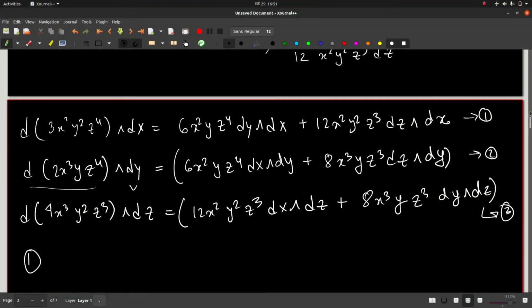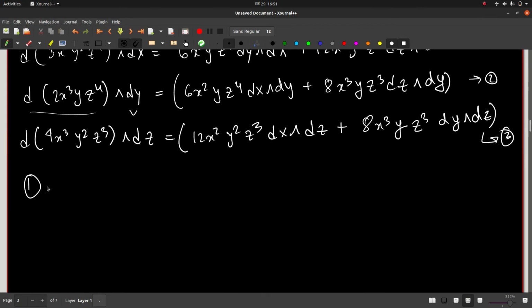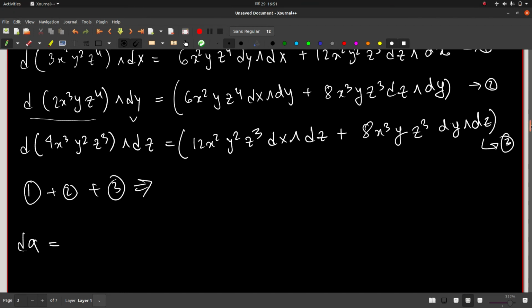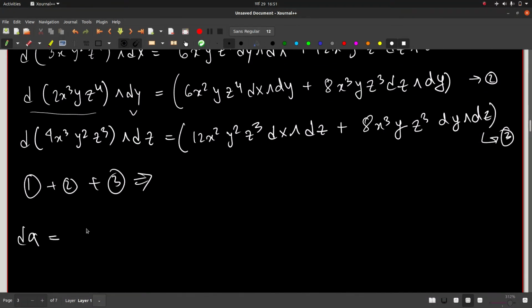Now according to this line, 1 plus 2 plus 3 will give me the d alpha thing, and what we can see over here is that we have this dx wedged with dy, dy wedged with dx. So let's try to collect all the terms and simplify directly.